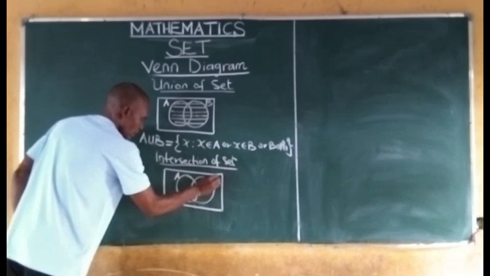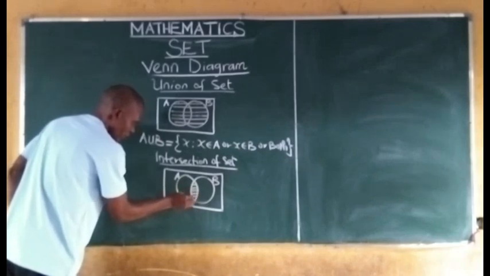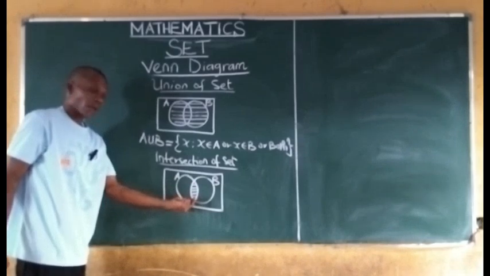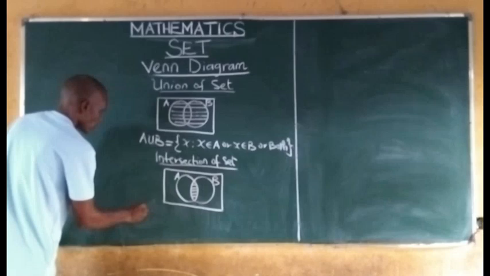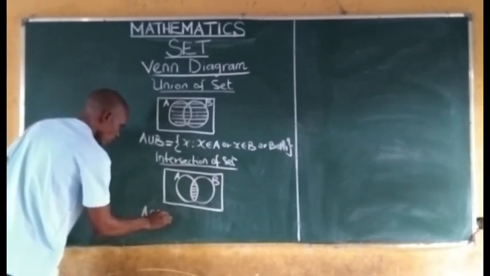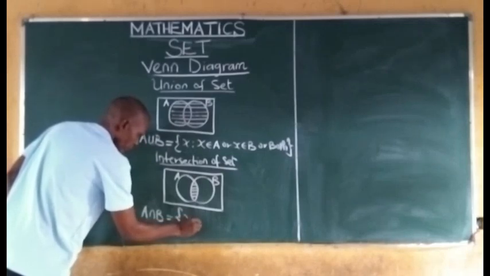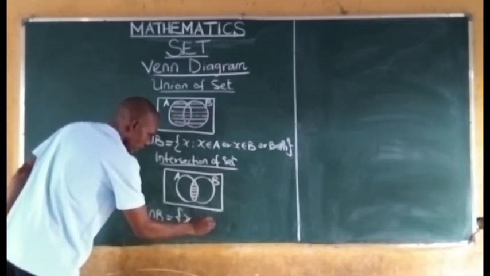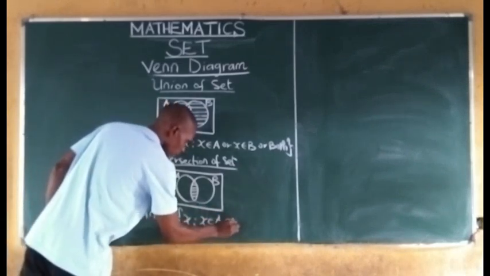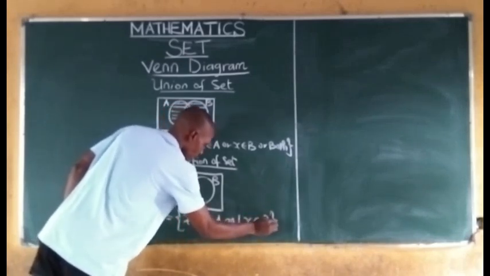If this is A, this is set B. The intersection is the set of elements that are common to both A and B. So in set notation it can be written in this form: X is such that X is an element of A and X is an element of B.